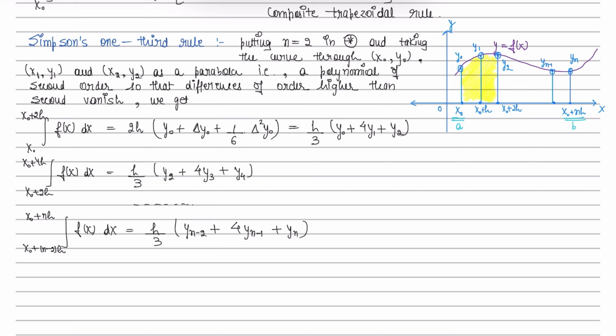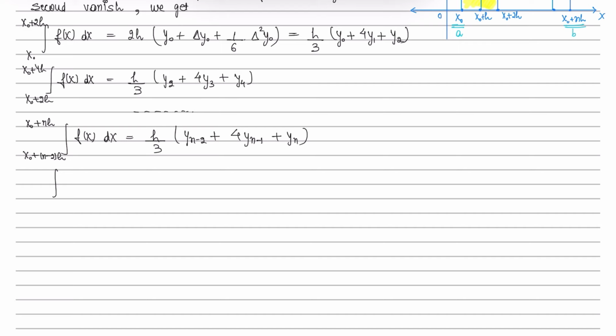Adding all these integrals, we have the integration from x naught to x naught plus nh of f of x dx equal to h by 3 into y naught plus 4 times odd terms of yn till n minus 1 and 2 times even terms till n minus 2, and lastly yn.